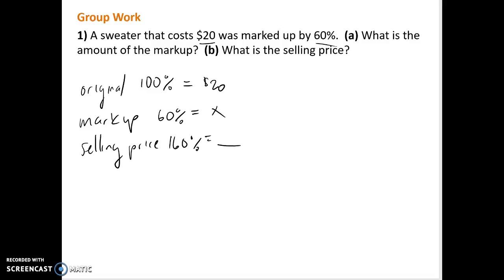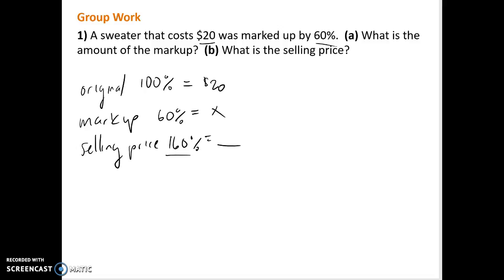We also do not know what that is. Now, if this was a markdown, I would subtract the 100% and the 60%. But since it's a markup, that means we add. We're raising the price, so we have to add the 60%. Therefore, the selling price is 160%.